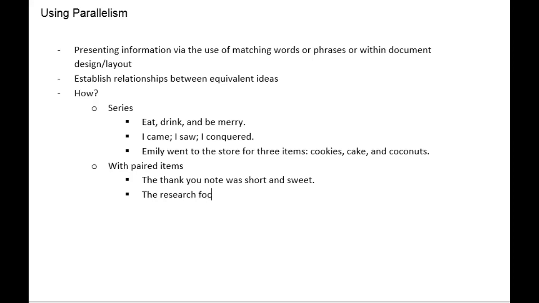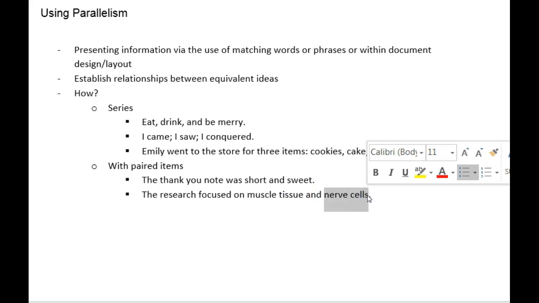The research focused on muscle tissue and nerve cells. Muscle tissue and nerve cells are the parallel items here. Now, why are they the paired up items?